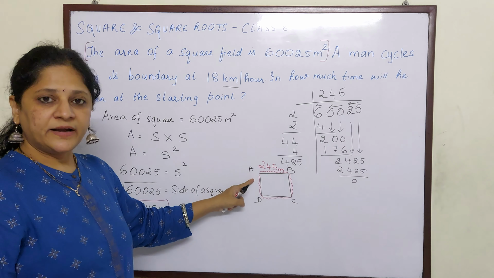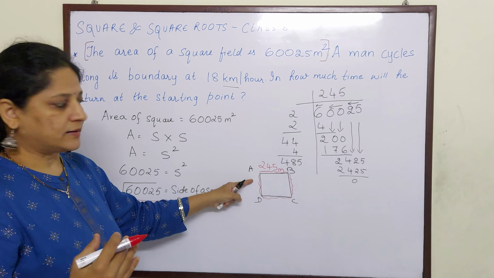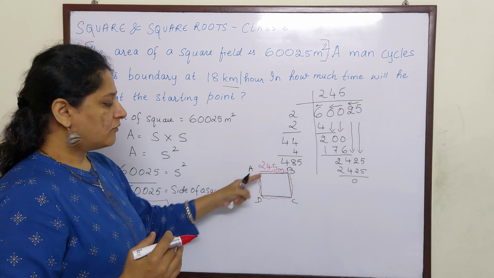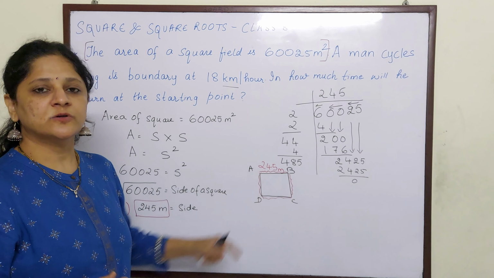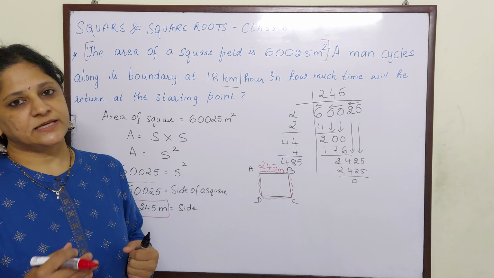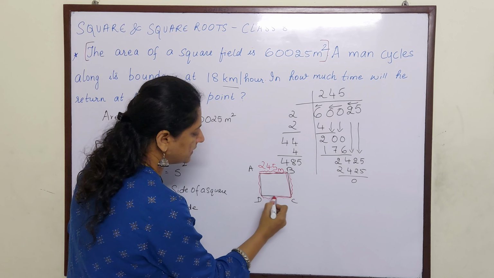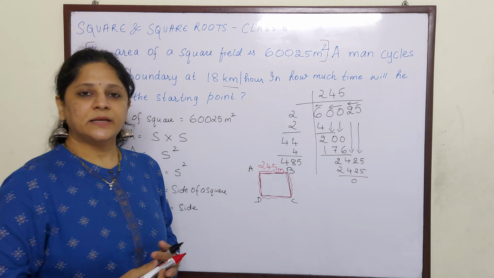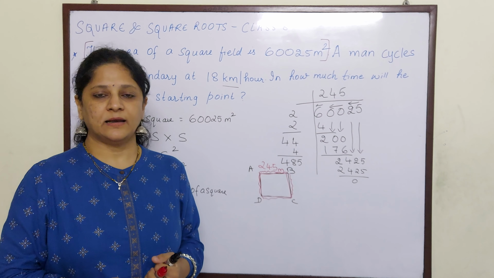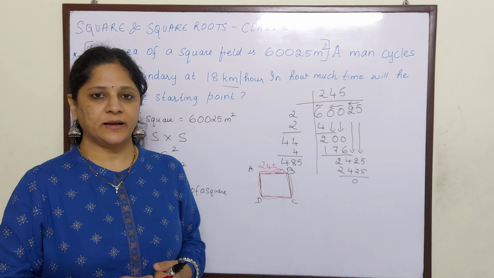To find the distance covered by the man in one round, what formula will we use? We will use perimeter is equal to 4 into S, because the perimeter of the boundary will tell us the distance covered by the man.